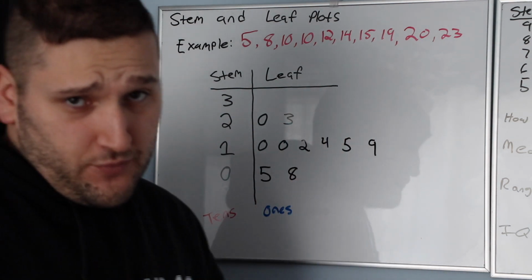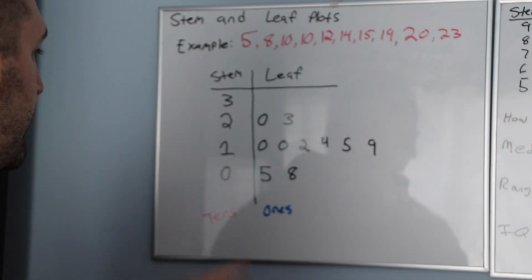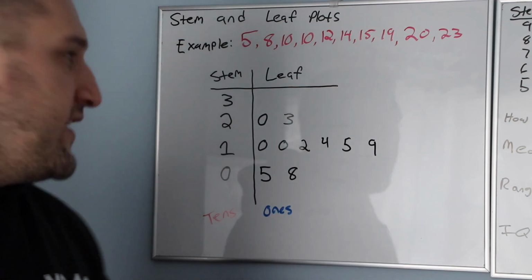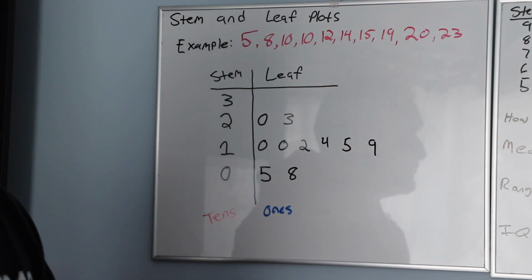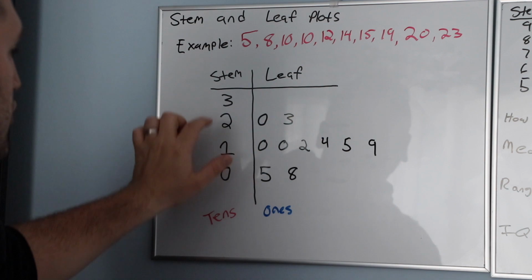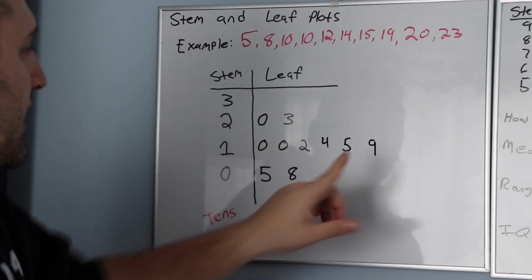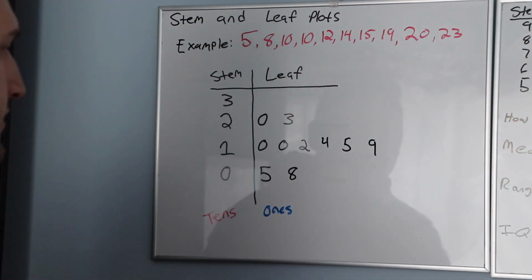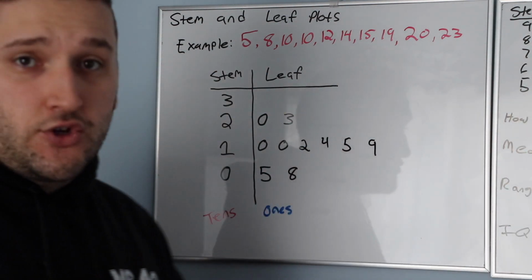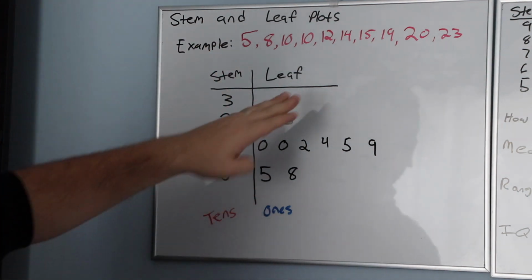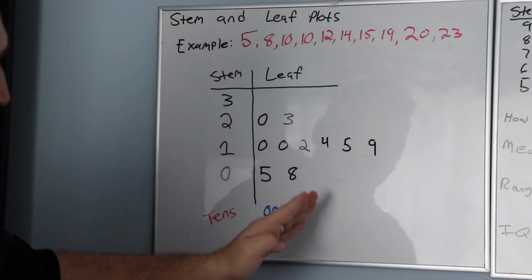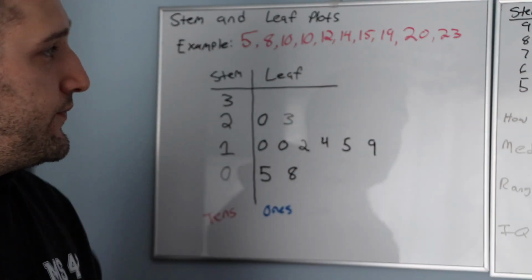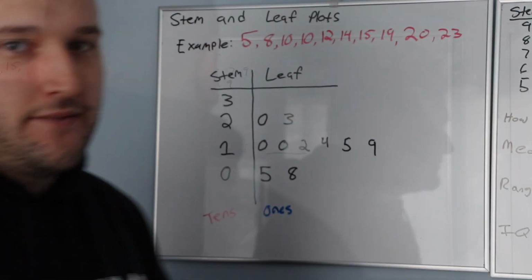The confusion people have is that when they pull their data, instead of writing 12, they'll write 2, because they don't think about what the stem is. You have to think of the stems as 10, 20, 30, and then what number comes after them. We'll see that more when we go through reading stem and leaf plots. That's all it takes to create one: drawing the T-chart, putting your stems, putting your leaves, as long as you represent all of your data. Now let's move over to actually reading a stem and leaf plot.